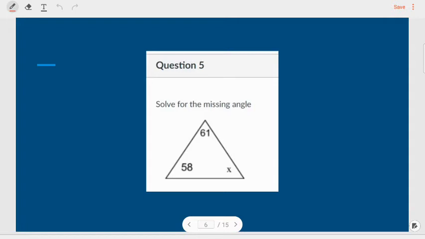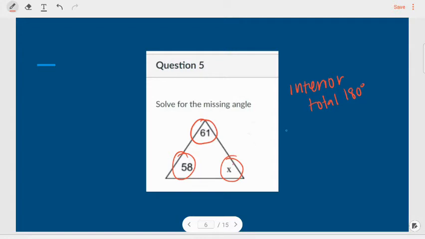Solve for the missing angle. Now here I've got a triangle. Remember, the fact about triangles is that if I were to take all of the angles on the inside, the interior is a total of 180 degrees. Just like a straight line is a total of 180 degrees, a triangle is a total of 180 degrees. So how do I find that missing one?